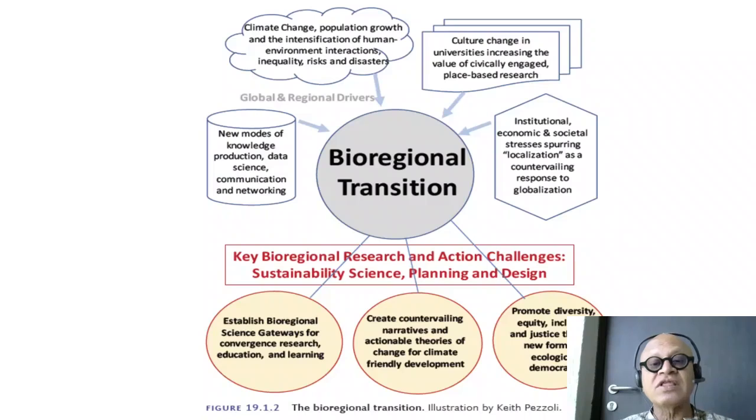So in that context, looking at bioregional transition: climate change, population growth, and the intensification of human-environment interactions, associated inequalities, risks, and disaster. So there are the global and regional drivers of regional transitions. New modes of knowledge production, data science, communication, and networking that we just talked about.